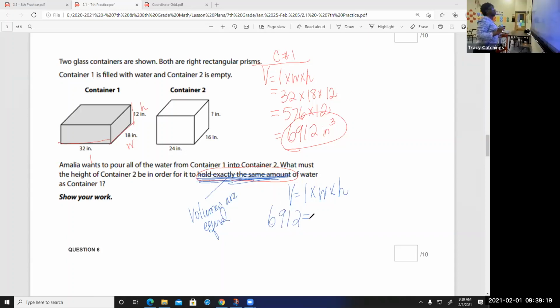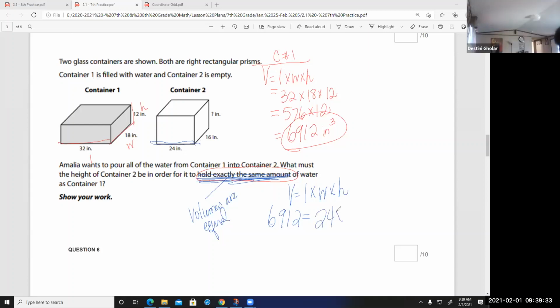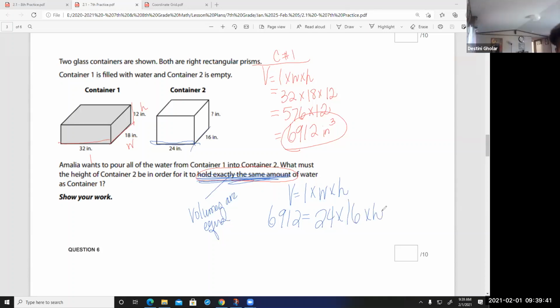Do we know the length of container 2? 24. What's the width of container 2? 16. Missing the height.